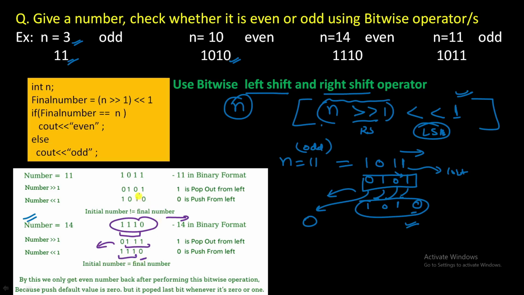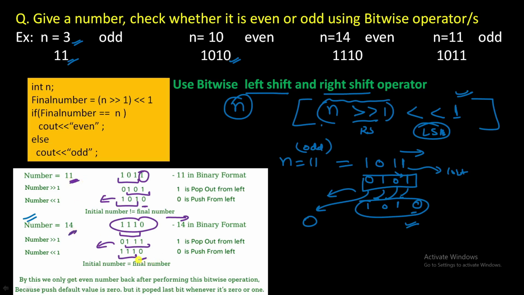The same thing we are applying here. This 1 will be lost in case of the odd number, but this 1011 will come here. Now if we apply left shift, then these 3 bits will come here, and here 0 will come.